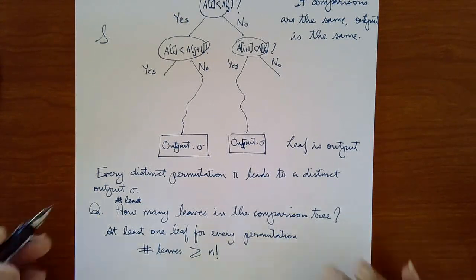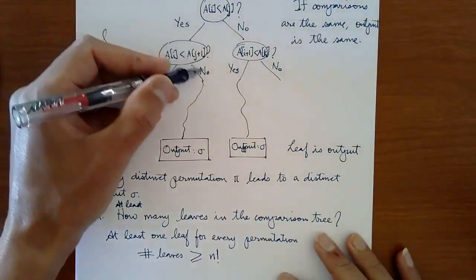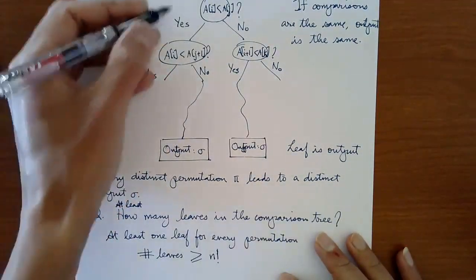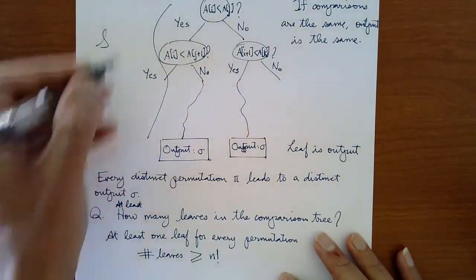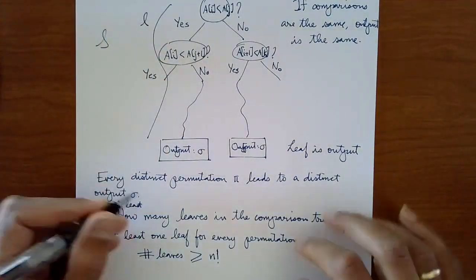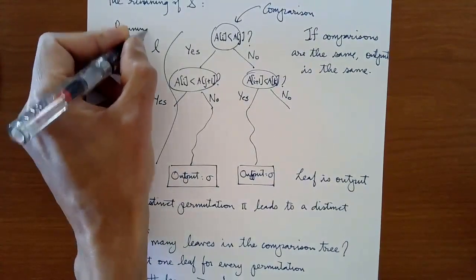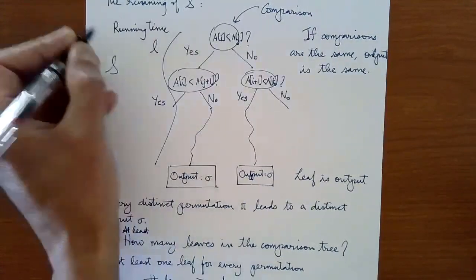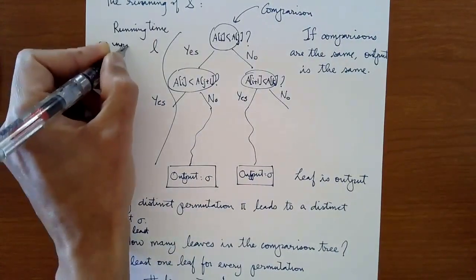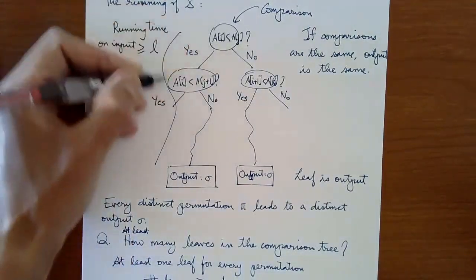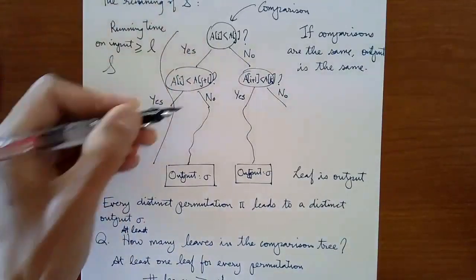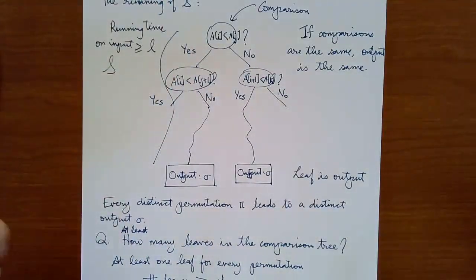Okay, now observe the following. Consider a path. And suppose the length of the path is L. Then the running time on the input is at least L, because you have to make all the comparisons. Maybe there's also even more work in moving data around.